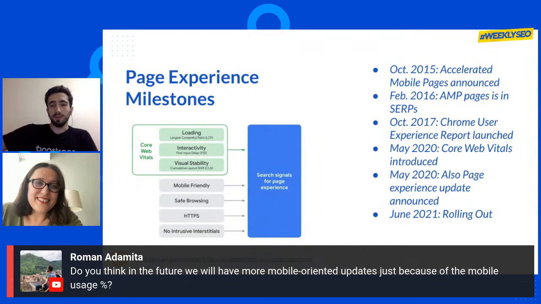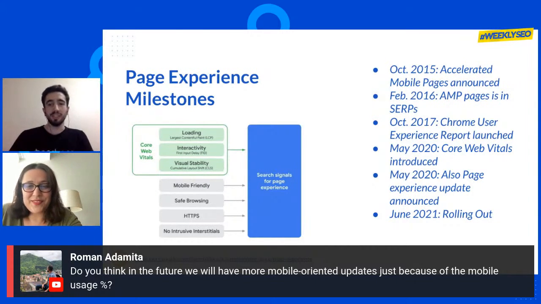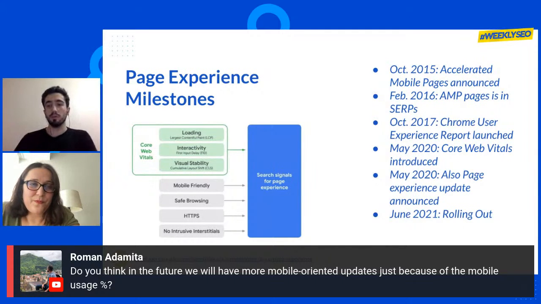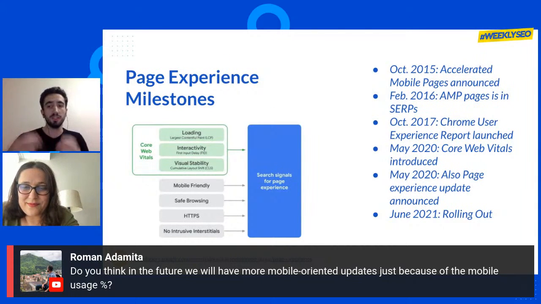Yeah, and I also pinned Roman's question. Do you think in the future we will have more mobile-oriented updates just because of mobile usage? I can reply in this way. Before I/O, everyone was thinking the Core Web Vitals issue would be more mobile-oriented, and they wouldn't care so much about the desktop version.